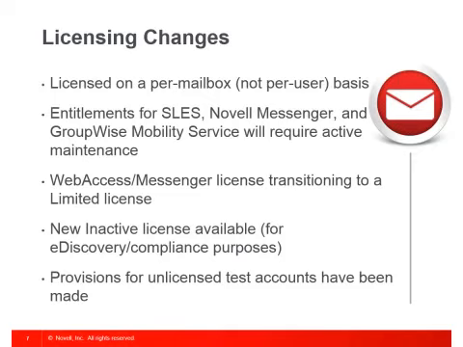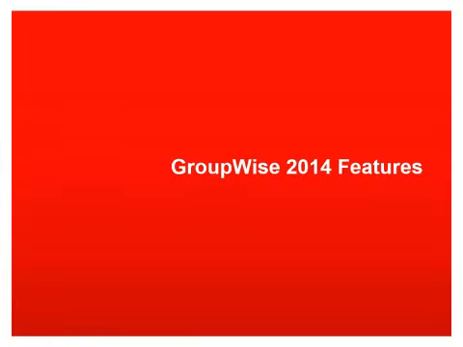Now I'd like to walk you through at least a few of the GroupWise 2014 features and give you at least a view of what is coming in GroupWise 2014, and we'll start with the administration piece.